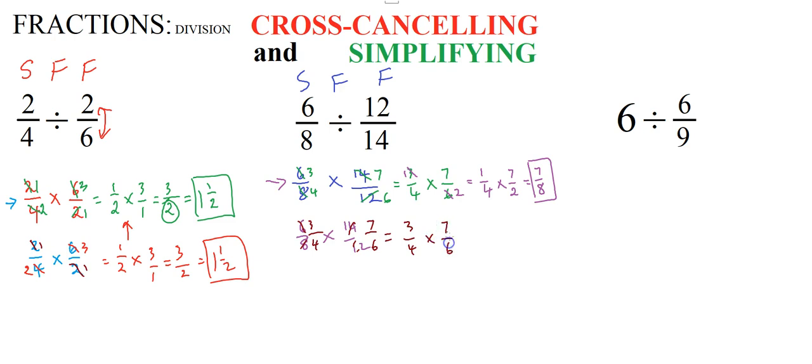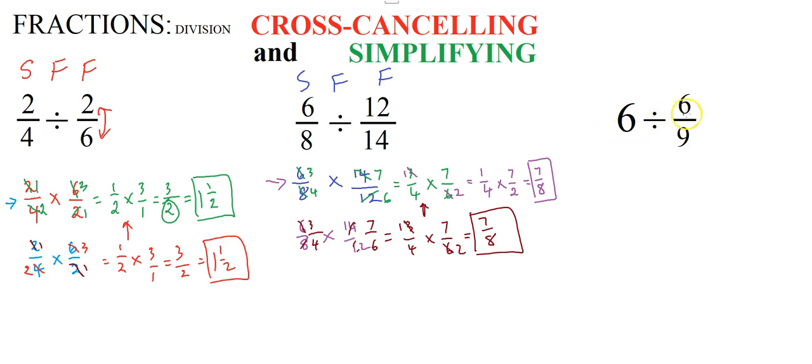Oh, look, there's another opportunity to simplify. I can cross simplify here, so that'll be 1, that'll be 2. And there we go, 7, and 4 times 2 is 8. We get to the same answer.